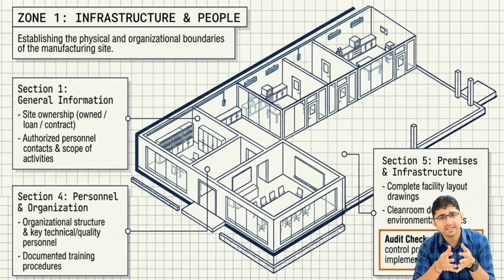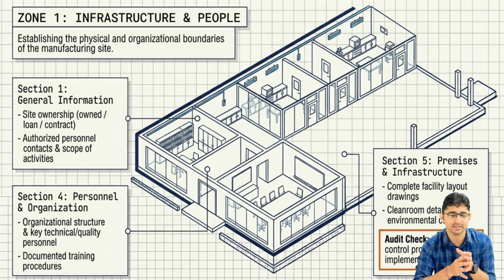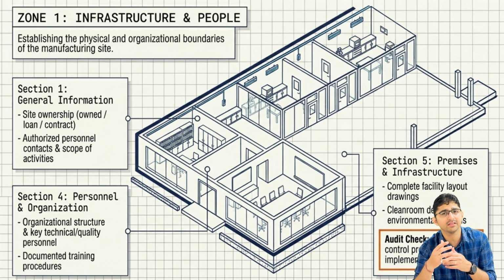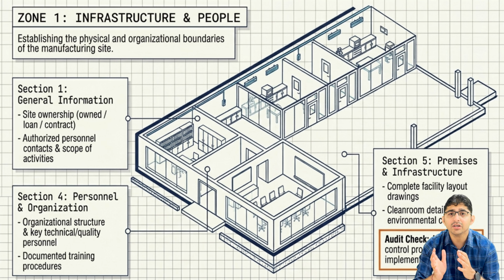That plot is either owned by the legal manufacturer, or it is taken on a loan basis or on a contract basis, right? So you also need to define the nature of the land. The contact detail of an authorized person: usually the authorized contact belongs to the QA department, the quality assurance department.